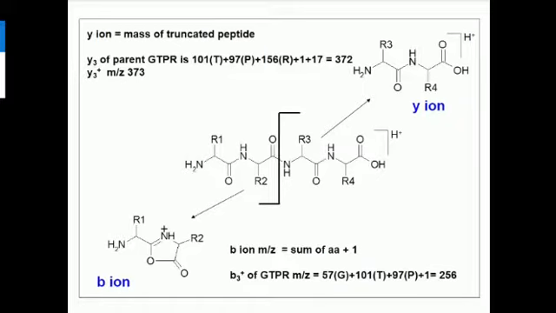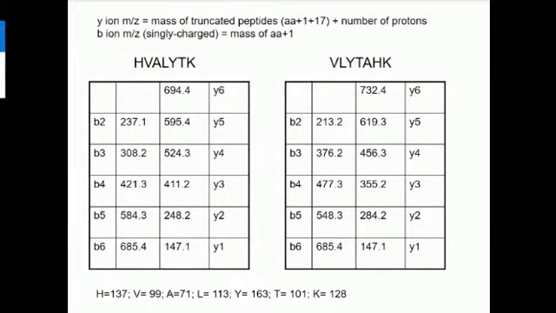Okay, so we were saying, what's the problem with the peptide mass fingerprint? Because the problem is that we don't get sequence information. We get sequence information if we do the fragmentation, if we do the CID. So, for example, if you've got these two peptides here, which would appear identical in a peptide mass fingerprint, because they've got the same amino acids, so they've got the same intact mass, but their fragments, as you can see, are different.